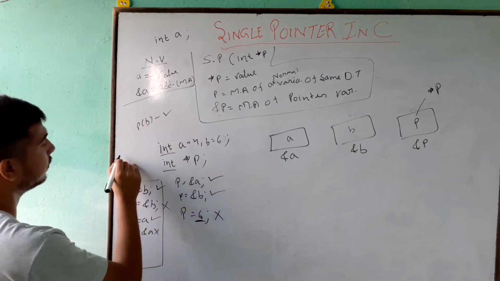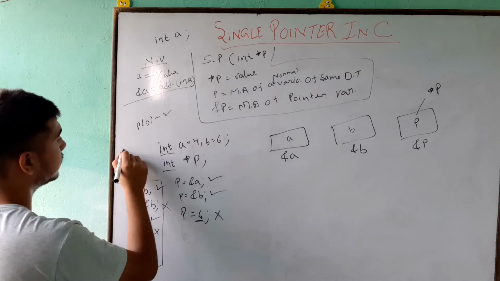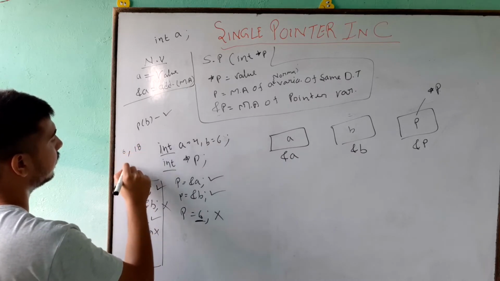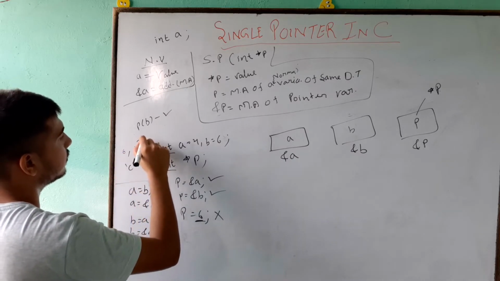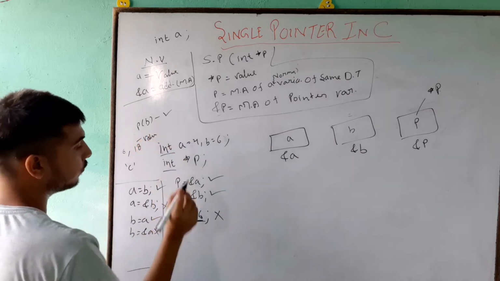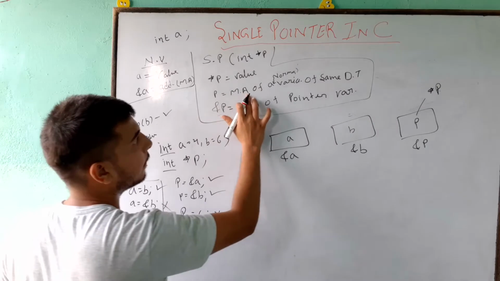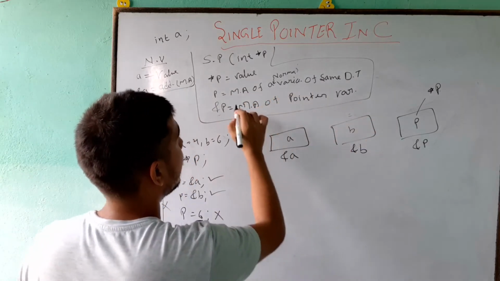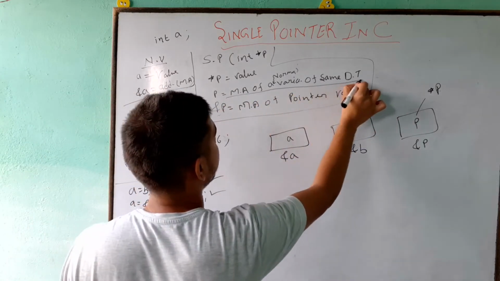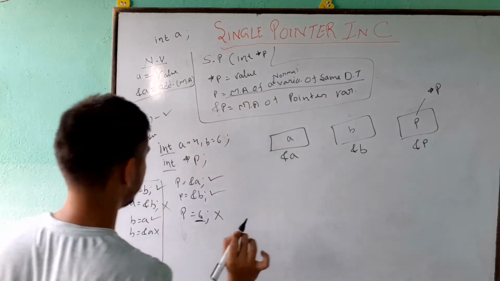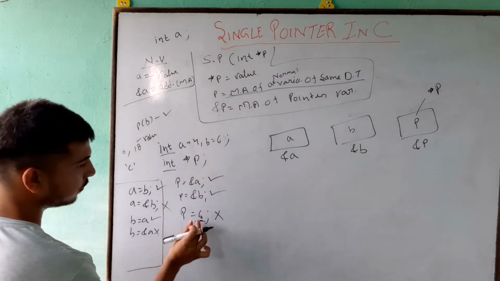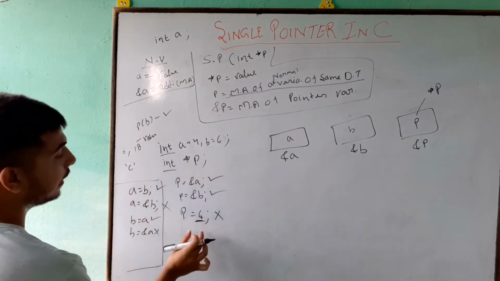In the previous video I said that a constant like 6, 18, or a character is always treated as a value. So we can't give it a value. Remember, it can only hold the main address of a normal variable. Right now I am trying to give it a value where it cannot hold one.